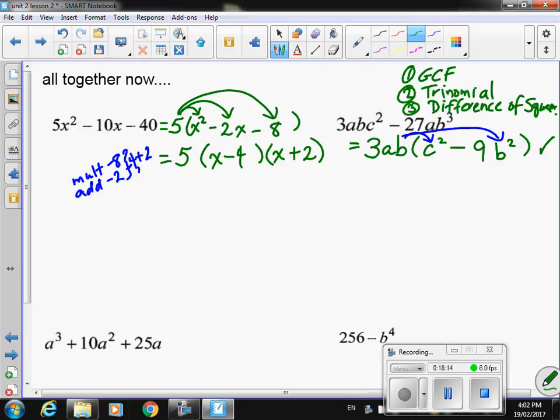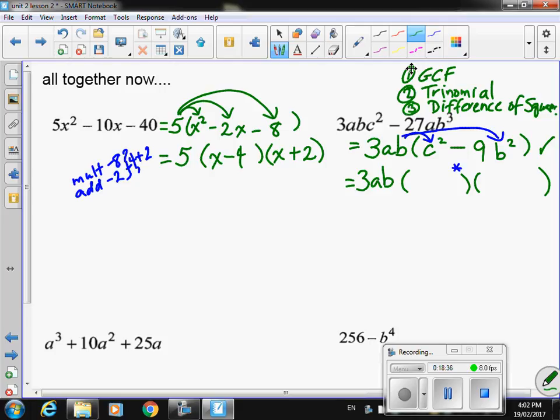I need to look in the brackets and see if I can do anything further. Is it a simple trinomial? No, there's only two terms. So it could be a difference of squares. Well, it is. There's a subtract sign, and I can write two brackets with identical terms in the front and the back.